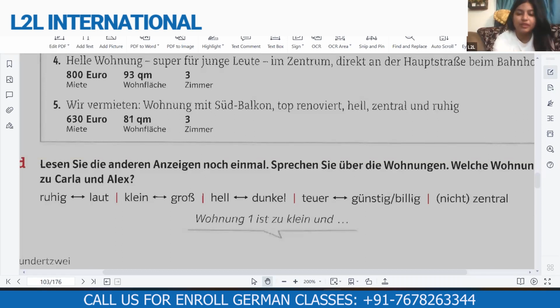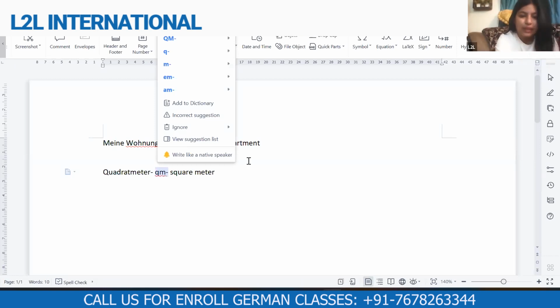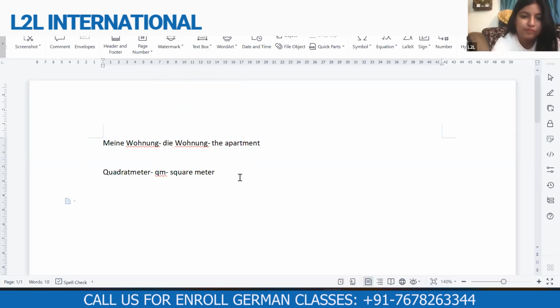So now let's see how we make sentences with it. For example, if I have to say the apartment is bright, we would simply say, die Wohnung ist hell.